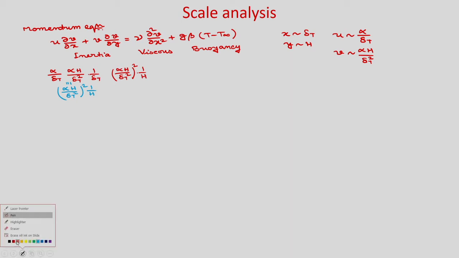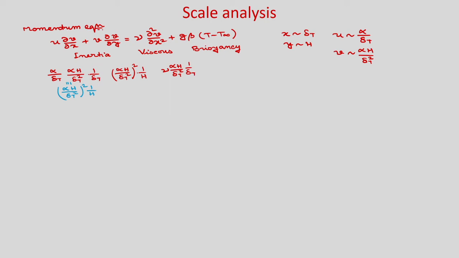Now, let us see the viscous term. In the viscous term we have nu, v order is alpha H by delta t square and x order is 1 by delta t.